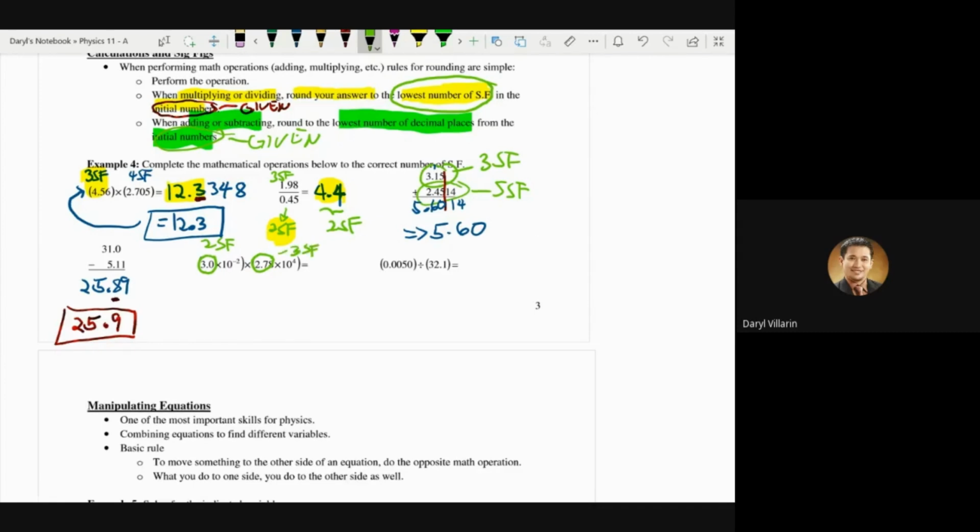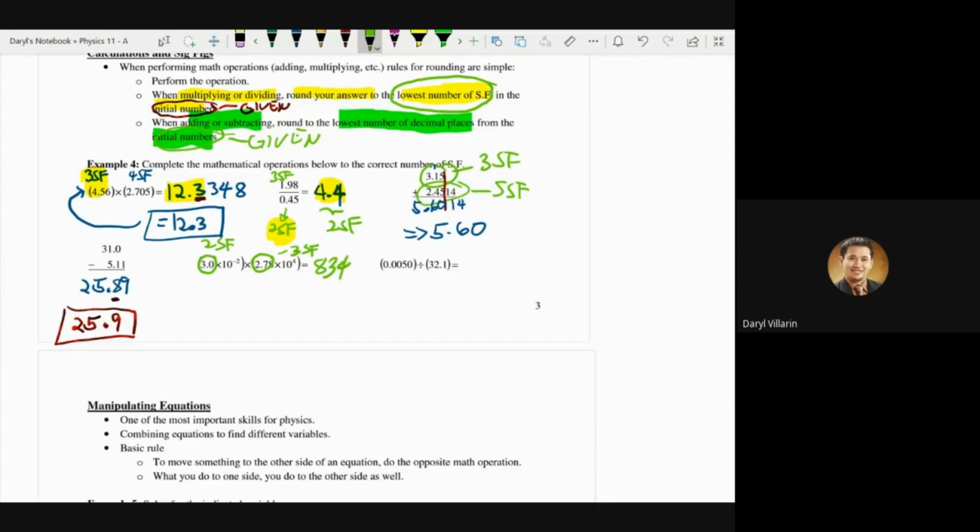So if you're going to multiply this in your calculator, your calculator has an option to express it in scientific notation. Maybe some calculators will give you the value itself, 834.